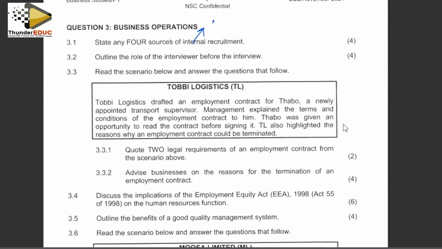State any 4 sources of internal recruitment. So one of the sources is word of mouth, internal bulletins, internal emails, as well as circulars.